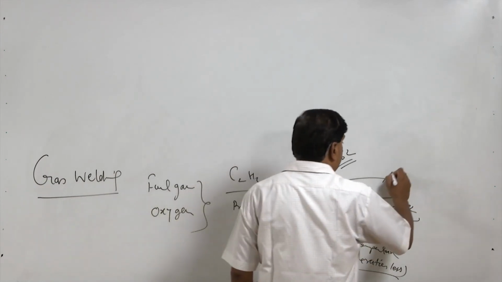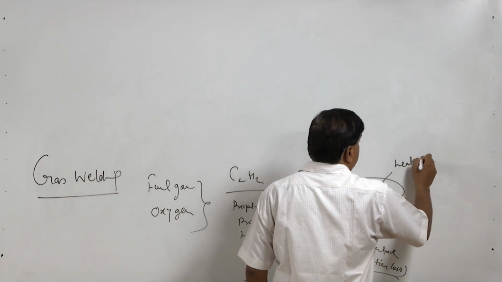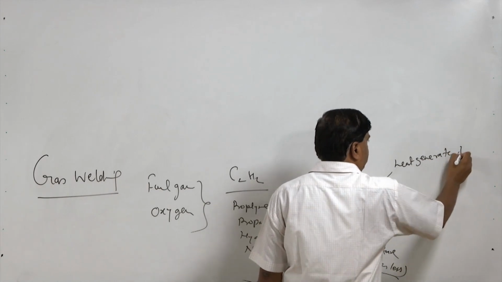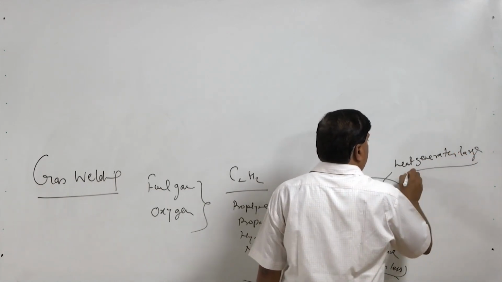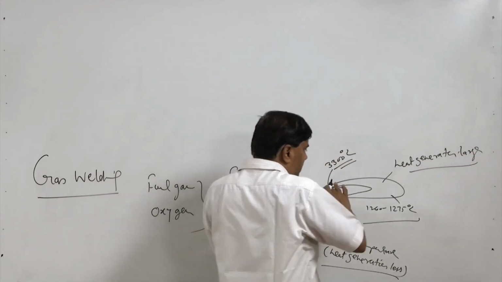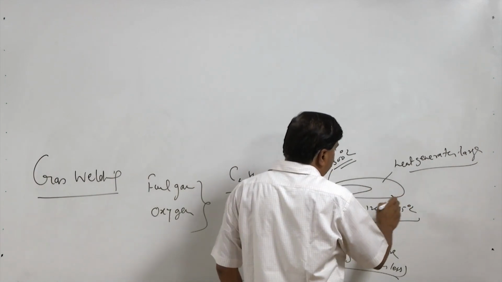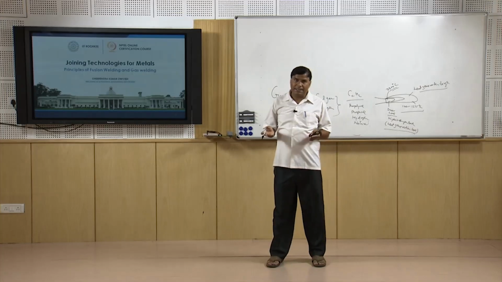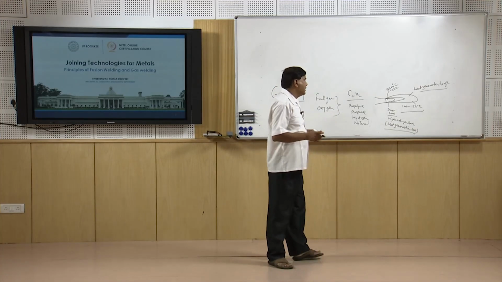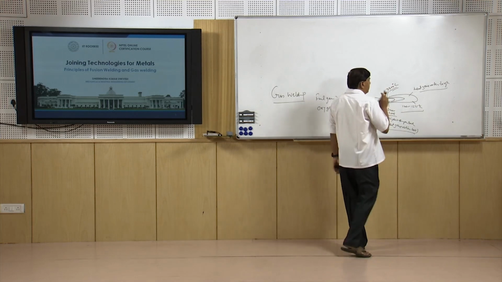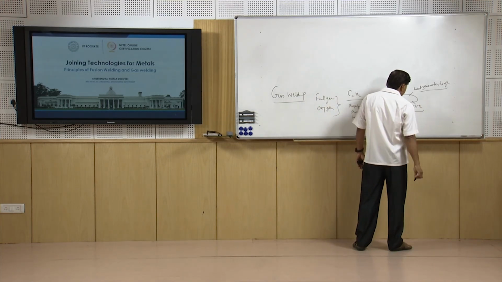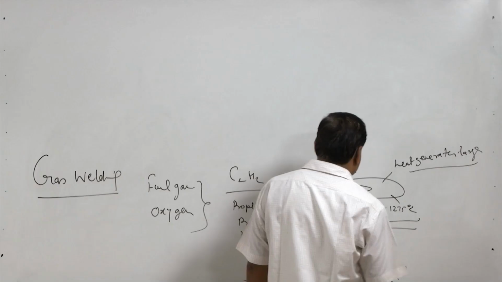However, the amount of heat generation in the outer flame is much larger, but still, since the surface area of this flame is more and it is exposed to the atmospheric air, because of these two reasons, the temperature rise in this outer flame is limited.